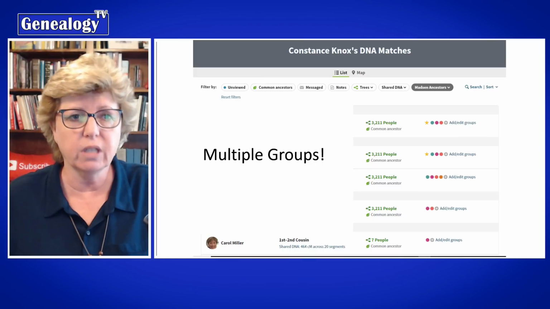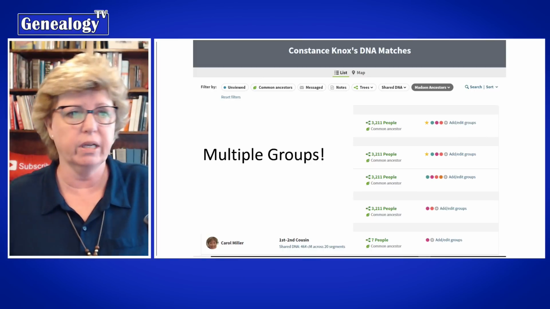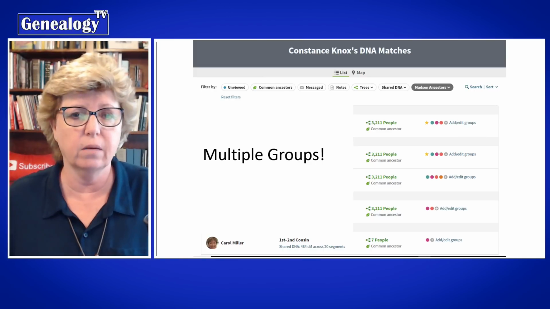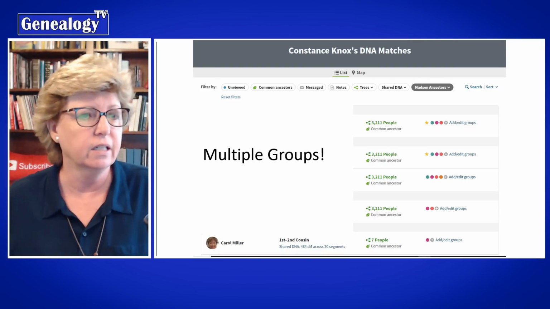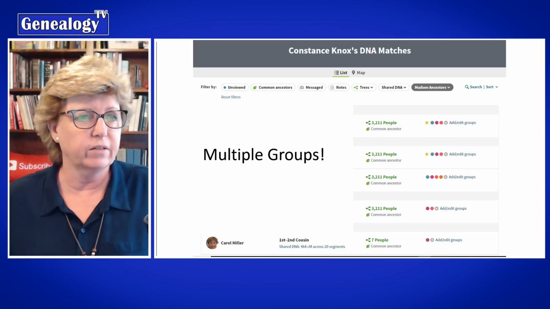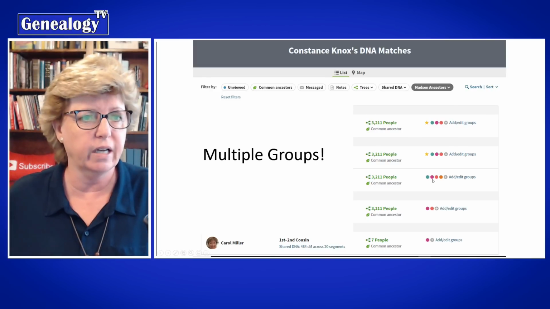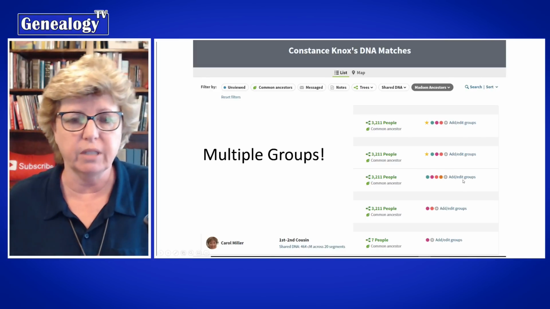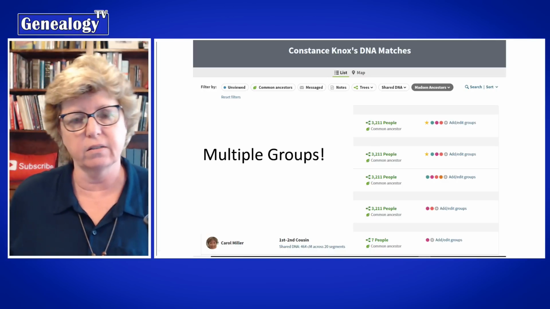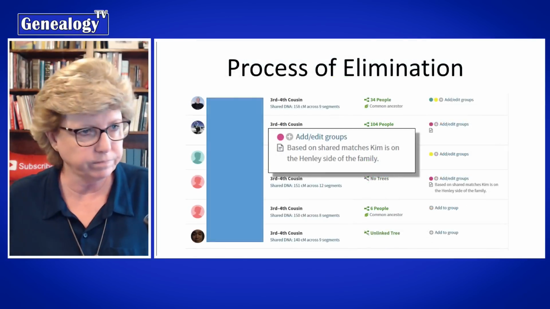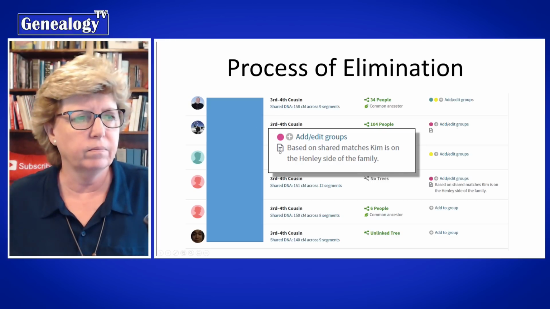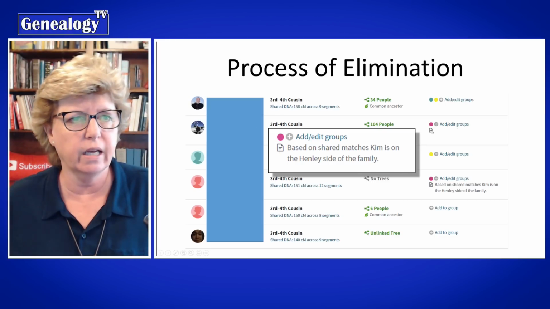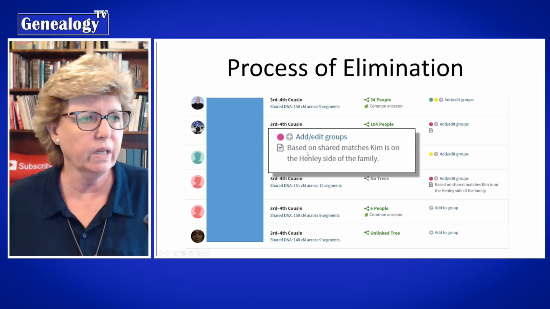So by the time I'm done, some of my cousins might have multiple dots next to them. Here you can see, while I've blocked out their names, my sisters here have multiple dots because they're descendants of all four grandparents, right?